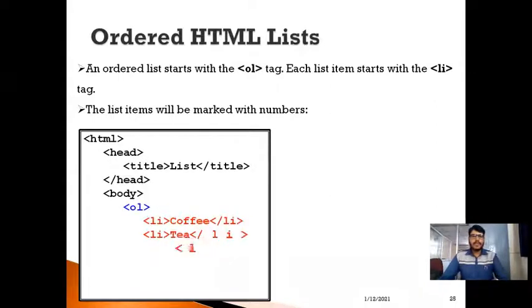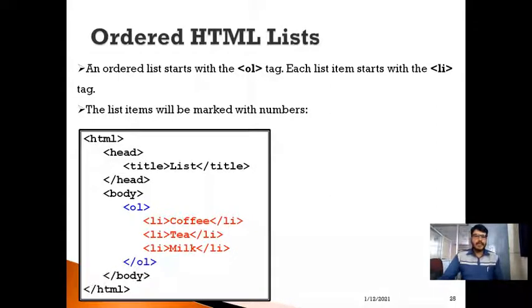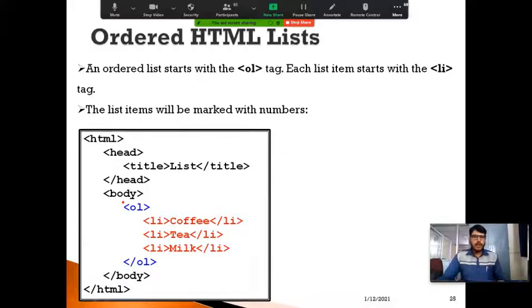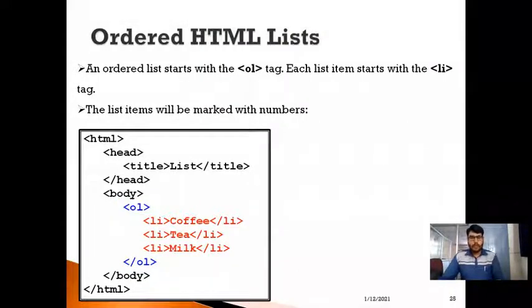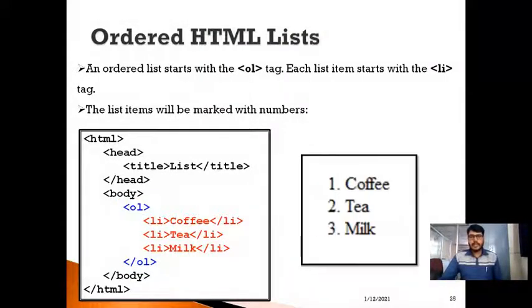Now let us see one simple example of how we can implement an ordered list. As you can see here, sorry, instead of the UL tag, here I am using the OL tag to specify an ordered list. To specify the items, I use the LI tag only, and this is the closing tag of the ordered list. This code will return output like this.